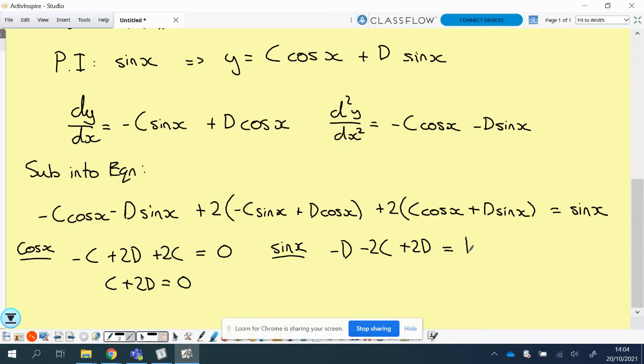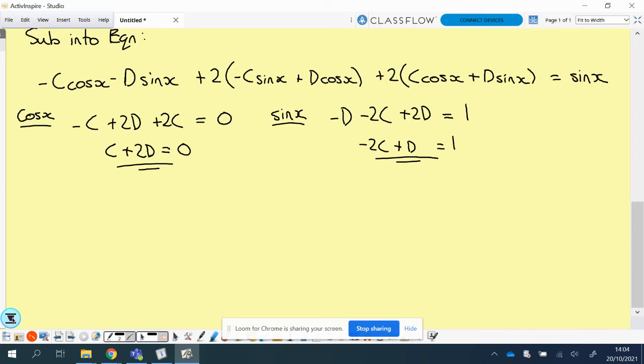Again, tidy up what I can. So if I combine this, I'm going to have negative 2c plus 1d that I'll have left. That has to equal 1. So you can see I've got 2 equations that I'll have to solve simultaneously to get the values of c and d.